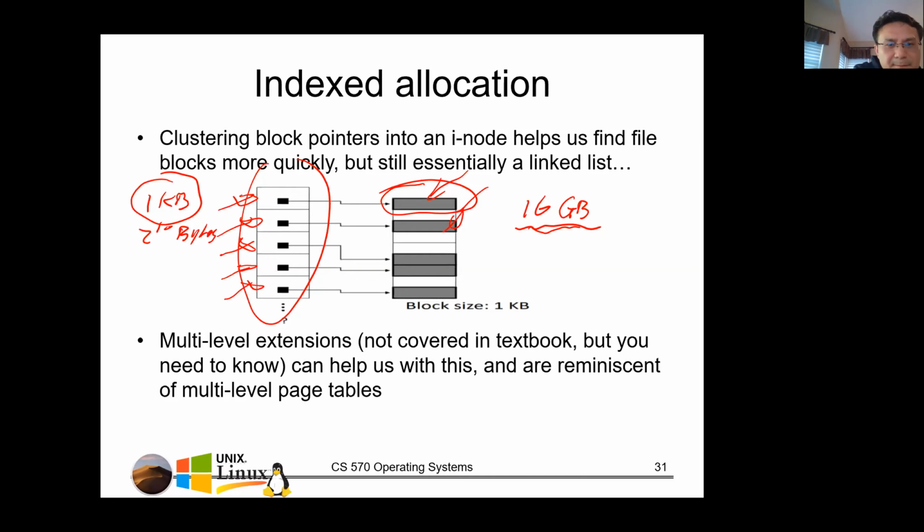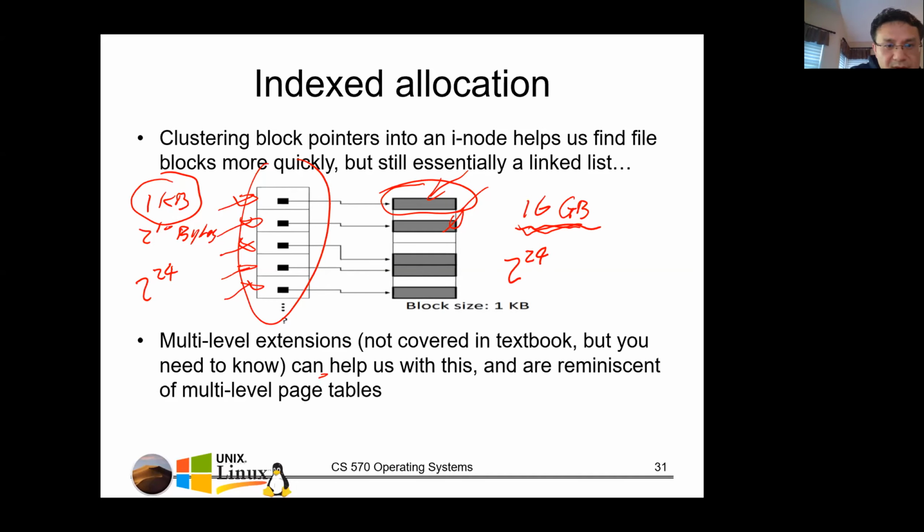For 16 gigabytes, you would need 2 to the 24 entries.